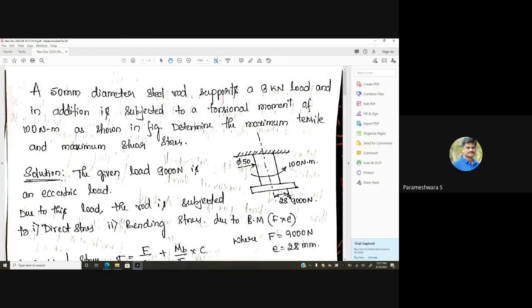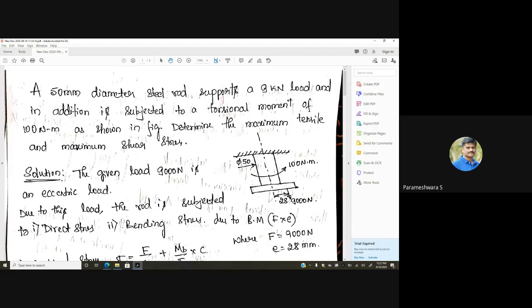It is like the previous problem, similar to the one we have solved, but the difference is that this axial load of 9 kilonewton is not along the axis of the steel rod. It is acting at a point at a distance of 28 from the axis of the steel rod.